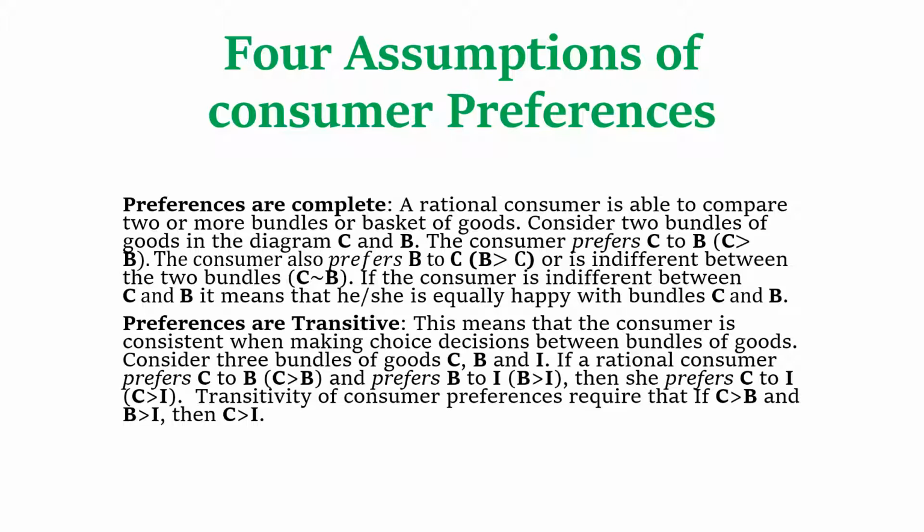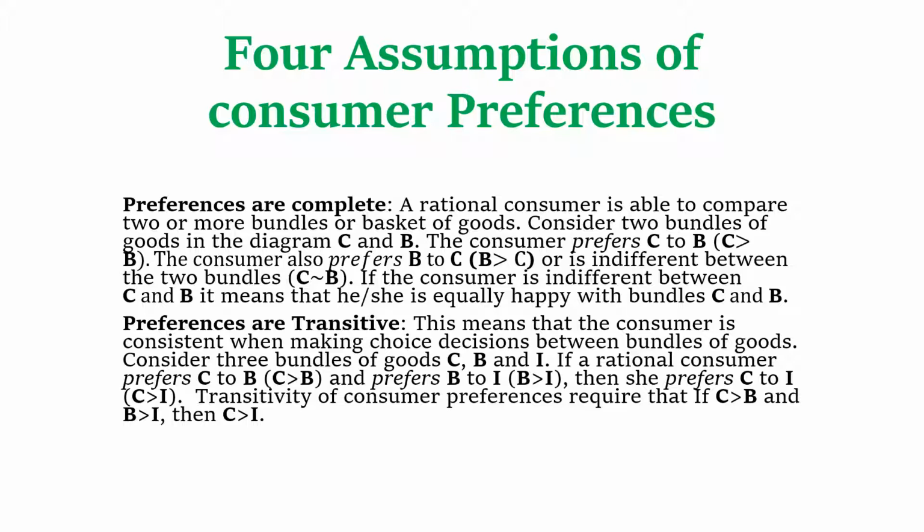Now let's consider 2 bundles of goods in the diagram, C and B. Now, if the consumer prefers C to B, that is to say, C is strictly preferred to B. So that greater than sign means strictly preferred.